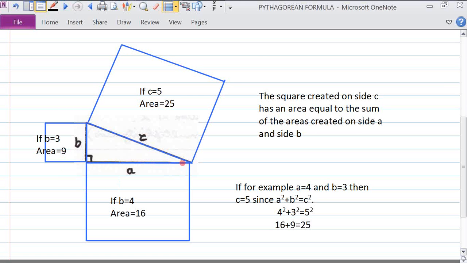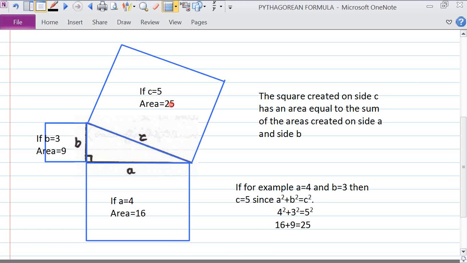On this one, on A, let's assume, and there's an error here, I'm going to correct that right now. Sorry about that, A is 4. So if A is 4, this length is 4, and this length is 4, then the area is 16.